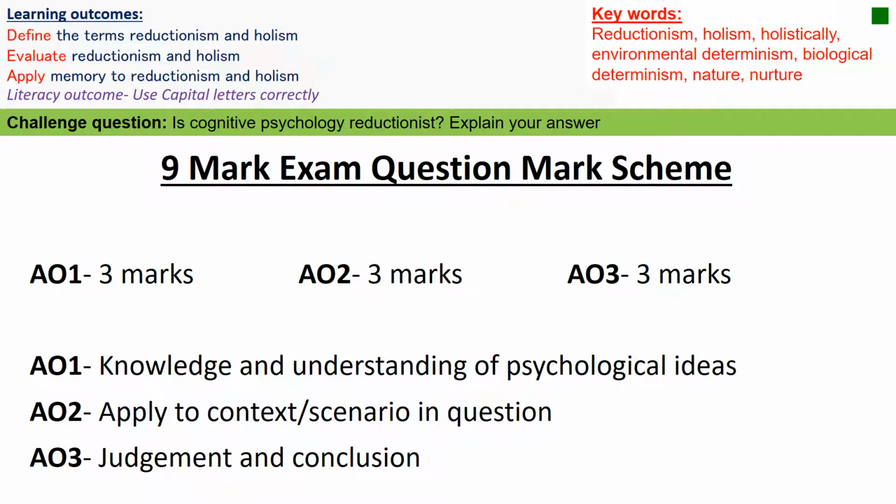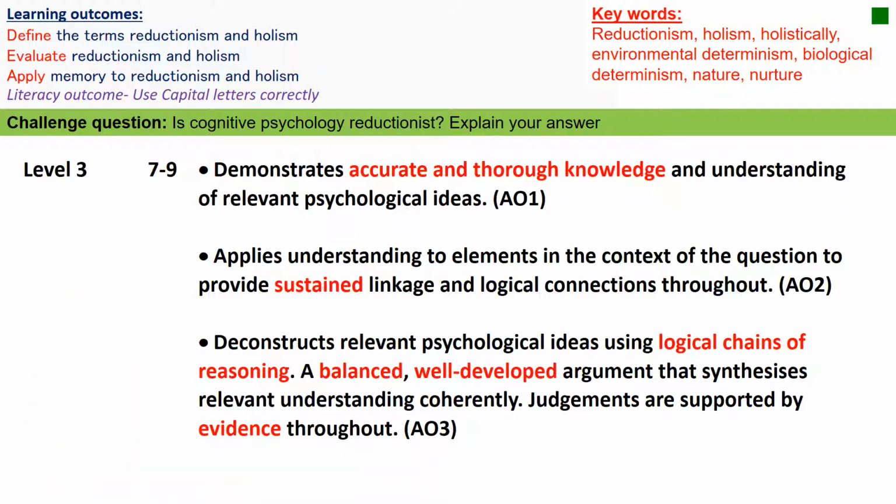So this links back to Cornelius and his study because, and so on. And then an AO3 where you might say, reductionism within psychology in this sense can be really useful to us because it will help us to explain memory in really simple terms, etc. And then you might put a however if you want that higher level where you say, however, this isn't useful to us though because it ignores lots of different factors that can be included within memory. And then you'll repeat. You've got to make sure you've got a conclusion as well.